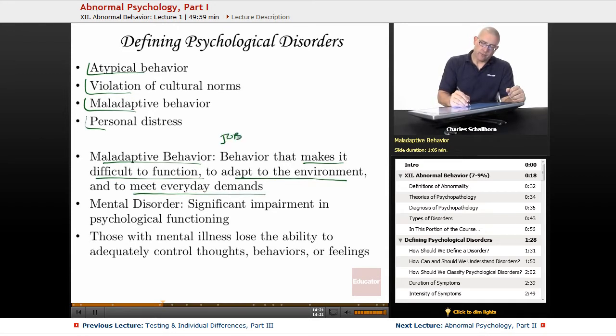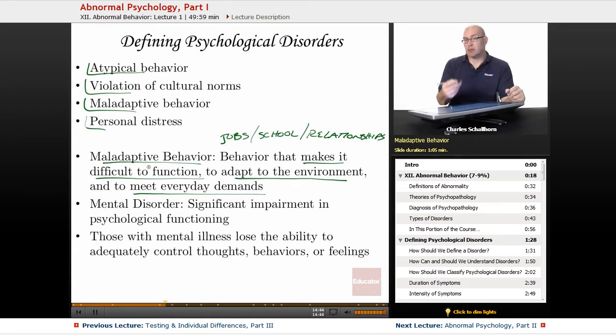And so, jobs, school, relationships. If a person is not able, because of their maladaptive behavior, to keep a job, go to school and be reasonably successful, and maintain healthy relationships, they may have maladaptive behavior.